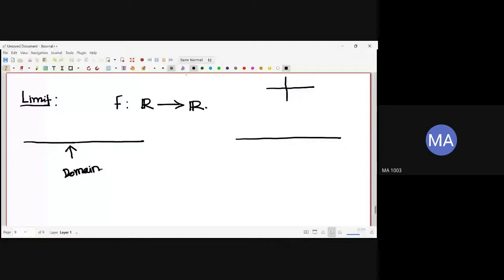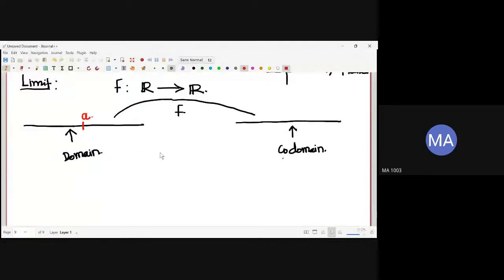Am I audible? Yes, sir. How do you check the limit for a single variable function? Left hand side, right hand side. Yeah, so you check the left hand limit and the right hand limit, right? Yes, sir.